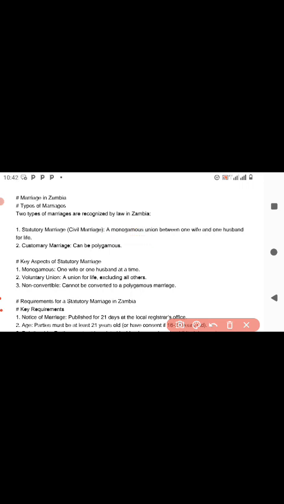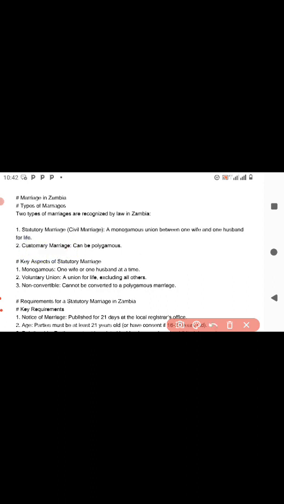So what do we mean? It should be between one wife and one husband. If you are in a statutory marriage, it is not allowed for you to be married to more than one spouse. It's just one wife, one husband. Whereas a polygamous one is the customary one.